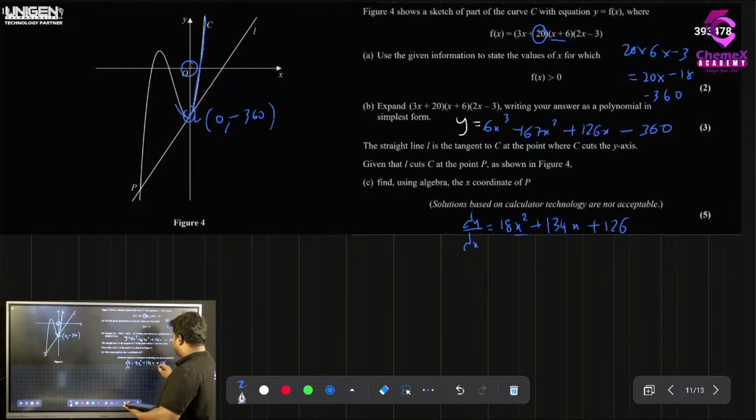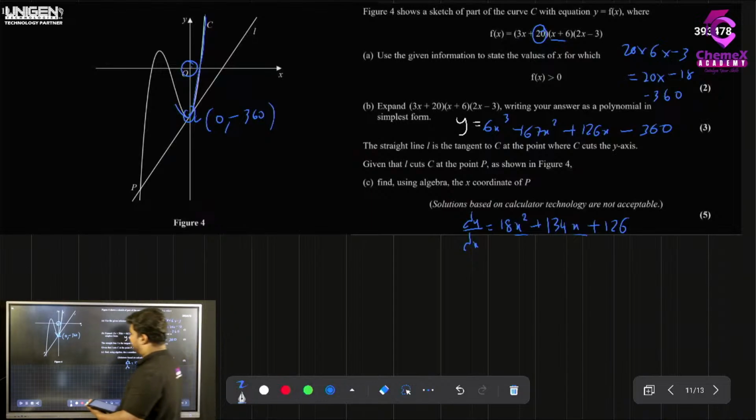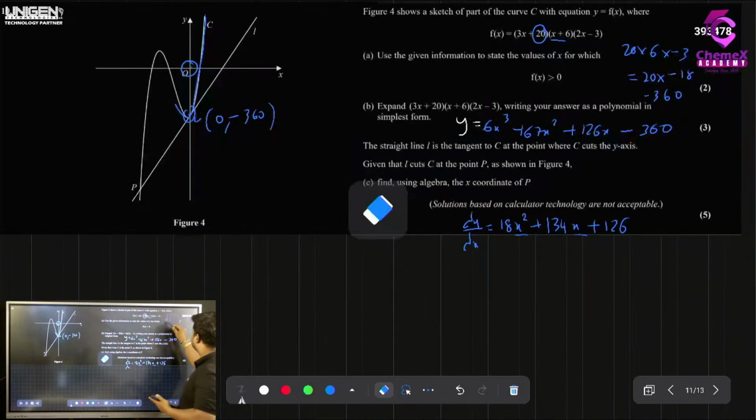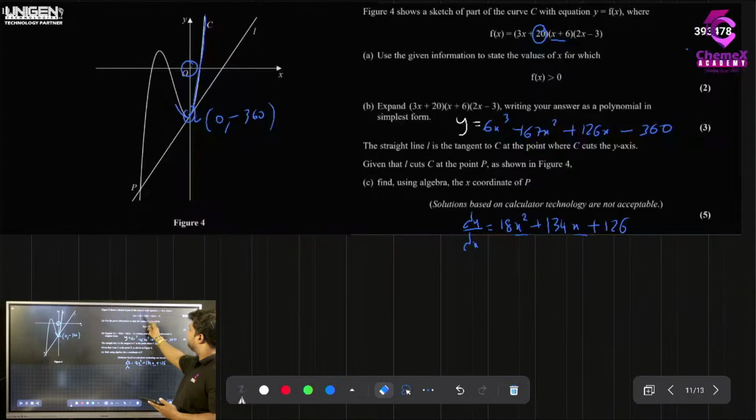Since you know that, how can you find the L equation? Any idea? This is not 360. What is it? Okay.